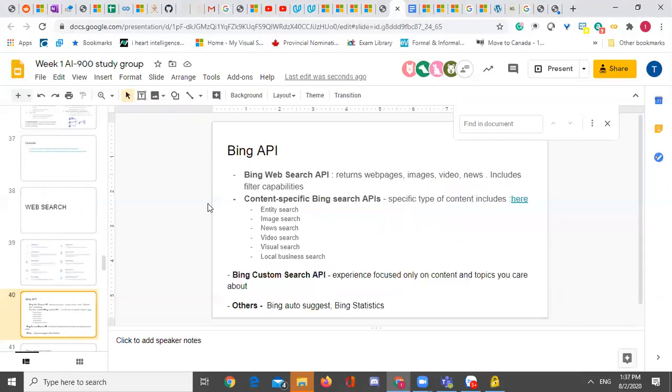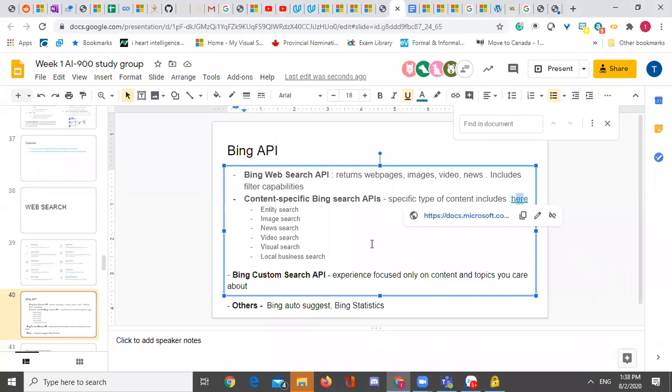There are four main APIs. Bing Web Search returns images, web pages, videos, and news, and it also includes filter capabilities. So you can filter out the things you specifically want, and if you want a more specific type of content, you can use content-specific Bing search. I have the link here, so you can check it out.